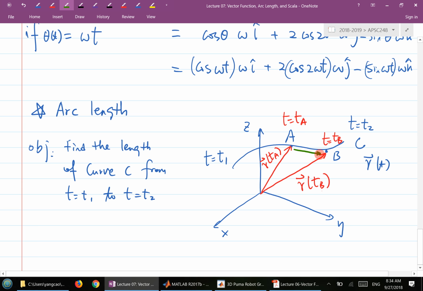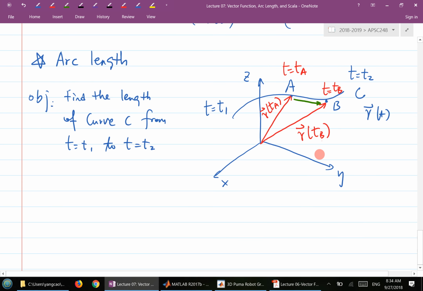Now let's use the idea of approximation, basically the idea of limit, to obtain the arc length. First of all, let's calculate the vector between A and B. Let's call that delta r.